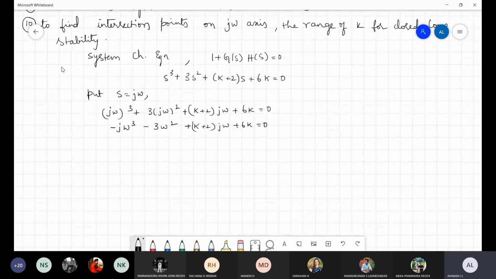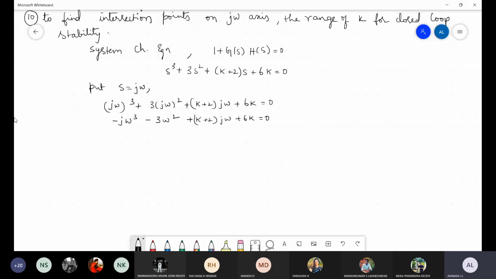So once we substitute the values, we need to separate the real terms and imaginary terms. Once we separate them, we get 6k minus 3 omega square plus j into ((k plus 2) into omega minus omega cube) equal to 0.